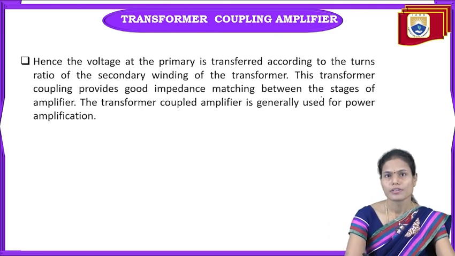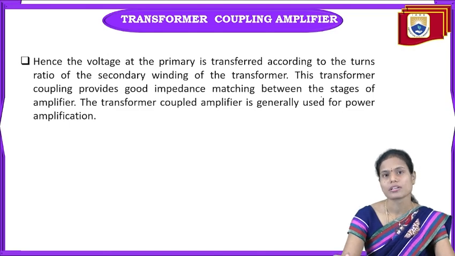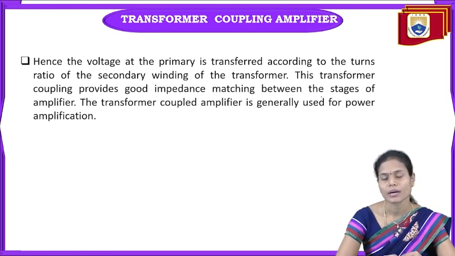Here the voltage at the primary is transferred according to the turns ratio of the secondary winding of the transformer. So this transformer coupling provides good impedance matching between the stages of the amplifier. Generally we utilize transformer coupling for power amplification, that is, high frequency range of signals.